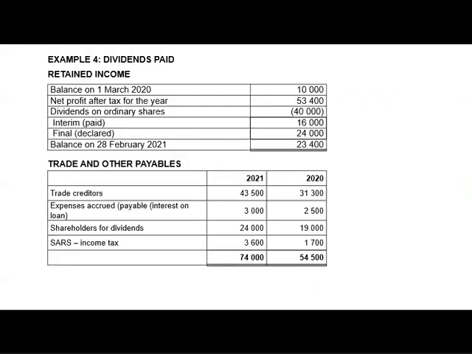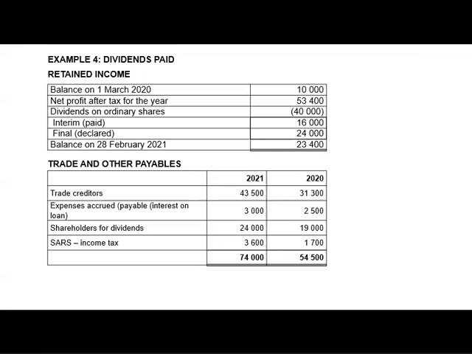Okay, let us look at this example here. Use this information to prepare your dividends paid note. As I've said, we need these two statements for us to prepare the dividends paid note. So we need this year's interim and final and also last year's final, which, as I said to you, if you want final dividends, you'll find them in trade and other payables.